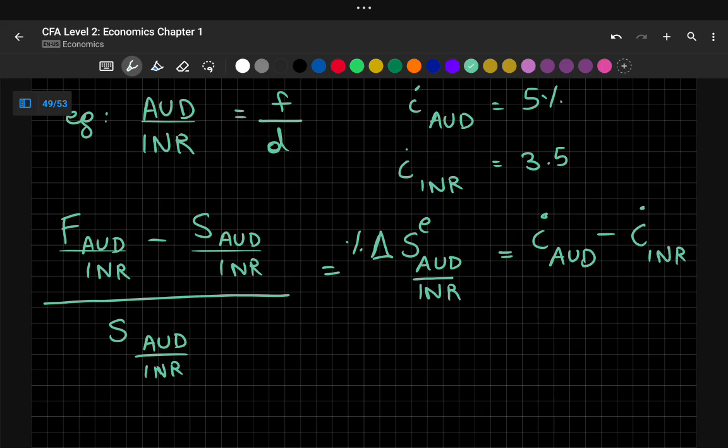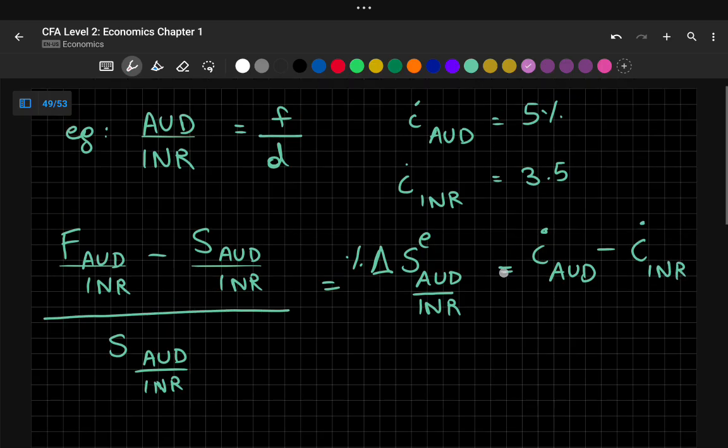Now, if I use the above data, it will be equal to 5% minus 3.5%, which is equal to plus 1.5%, right?